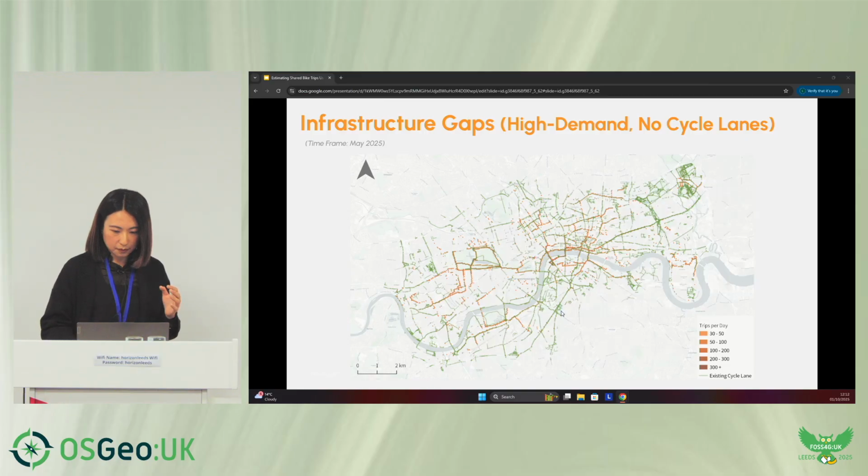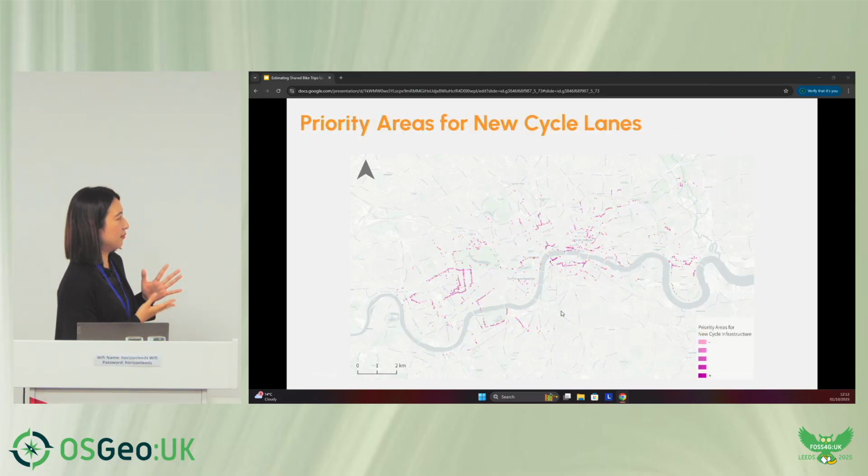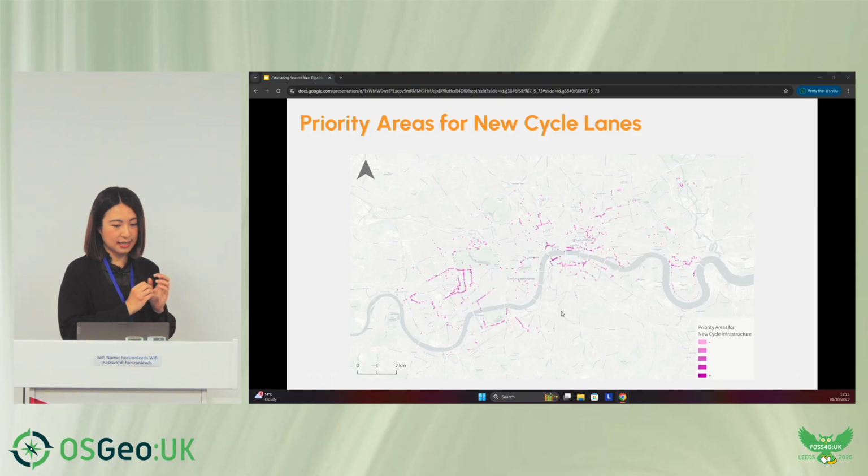And here are the results: the high-demand areas that don't have existing bike lanes.